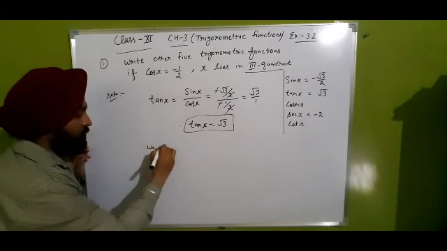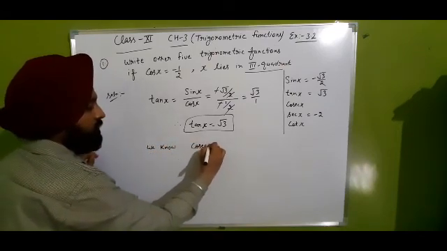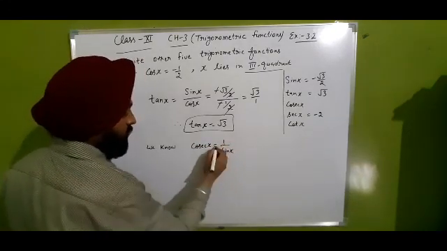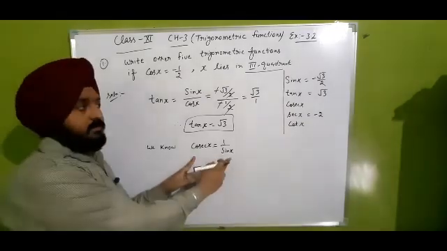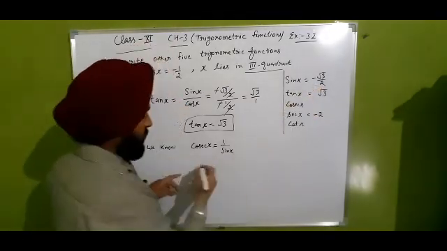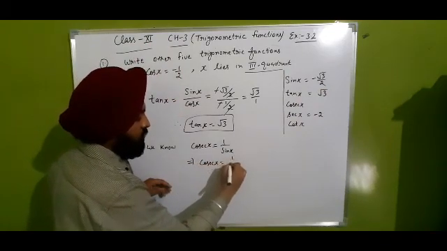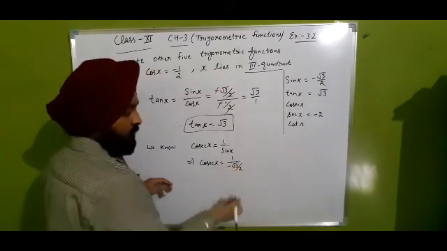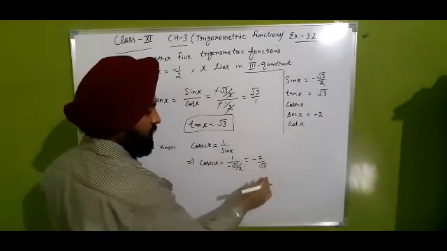We also know that cosecant x is the reciprocal of sin x. Remember this one? Cosecant x is the reciprocal of sin x, and sin x value is put here. Cosecant x is equal to 1 upon minus square root 3 upon 2, which will become minus 2 upon root 3 in the next step.